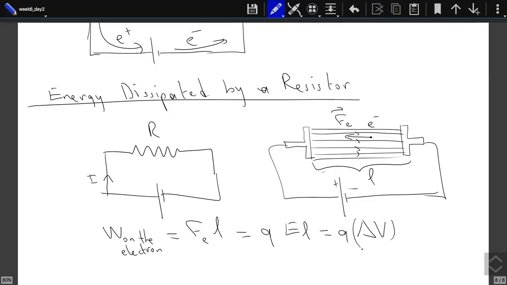On one hand, we are doing work on the electron. This should change its kinetic energy, but on the other hand, we are saying that the kinetic energy of the electron on the average is constant. So the work that we do should be going somewhere. So where? The heat. So you see what's going on.